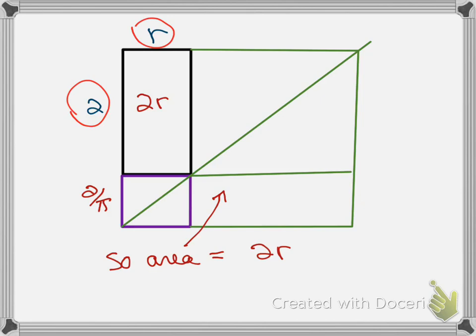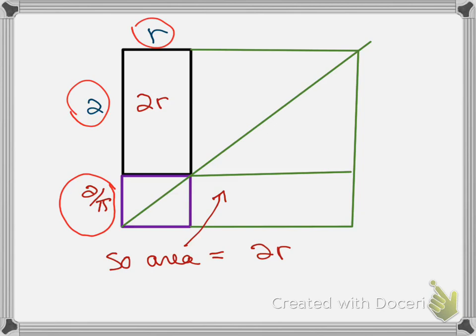Now we're going to use the application of area construction, where we're going to construct a rectangle of height 2 over pi. 2 over pi is the length that we got from the Quadratrix.